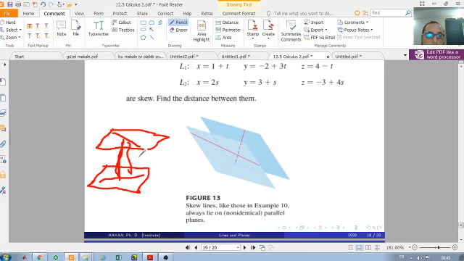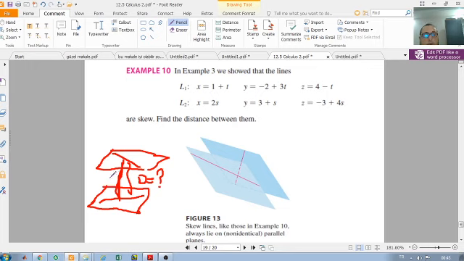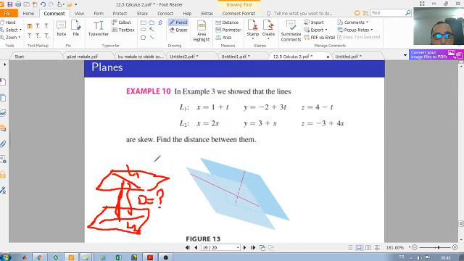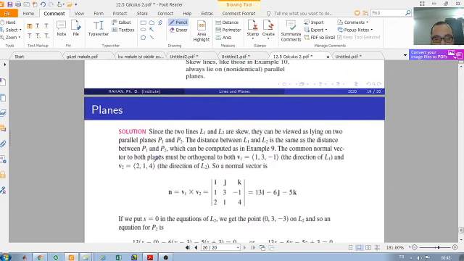What is the distance between them? So actually the distance between two skew lines is the distance between the parallel planes. And we know parametric equations of L1 and L2.